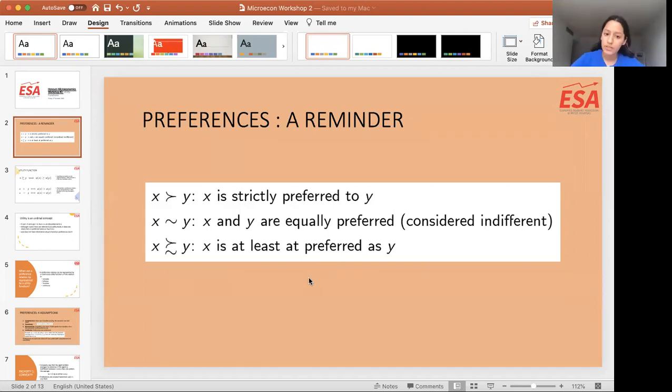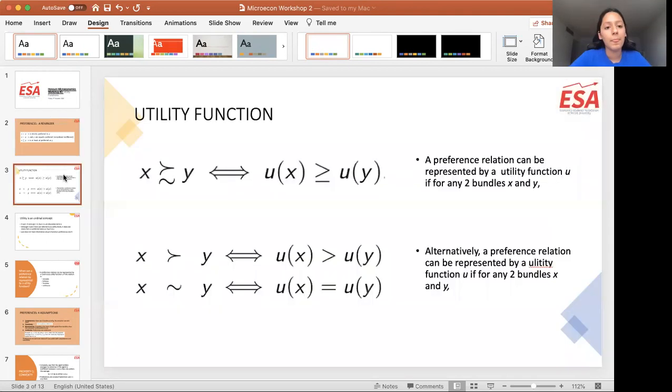X is strictly preferred to Y; X and Y are equally preferred, so you're indifferent and don't prefer one good more than the other; and the third way is that X is at least as preferred to Y, if not more, so that's weakly preferred.